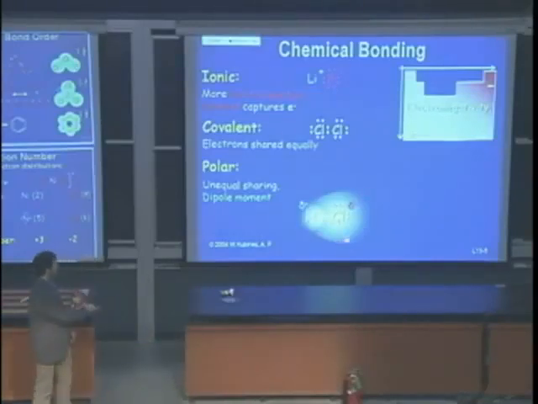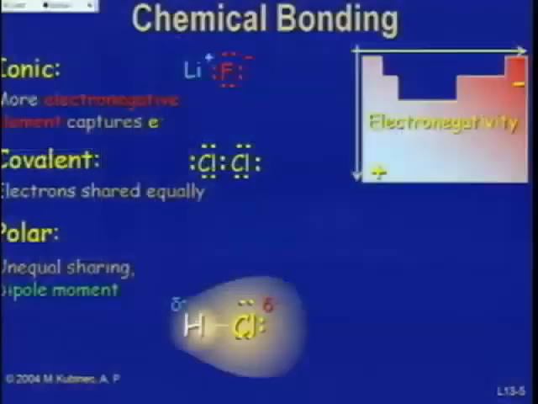Now, this cloud here is a representative of the probability of finding an electron around HCl. We remember from looking at our atomic orbitals, right? They were a description of the probability of finding an electron in a given orbital.